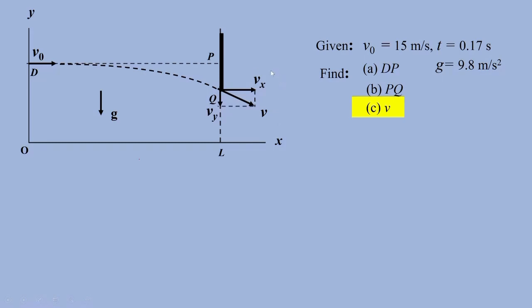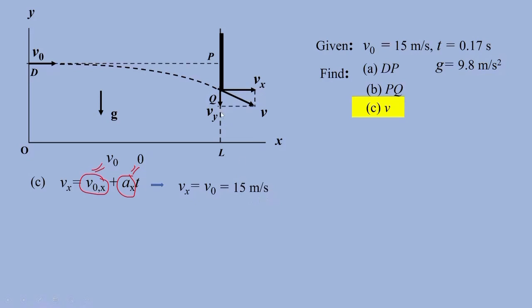To find x component, we will use equation of kinematics for horizontal motion with constant acceleration. In our case, ax is 0, v0x is constant, v0, and we have vx equal v0, or vx equal 15 meters per second.